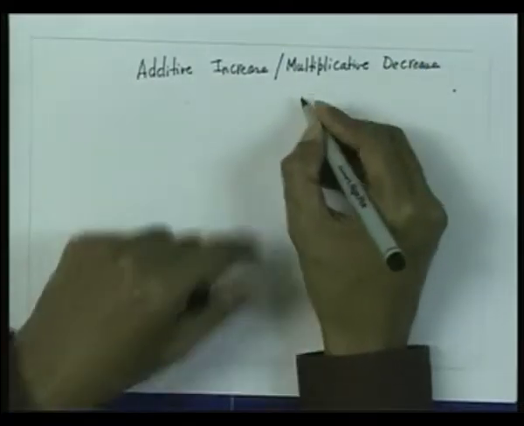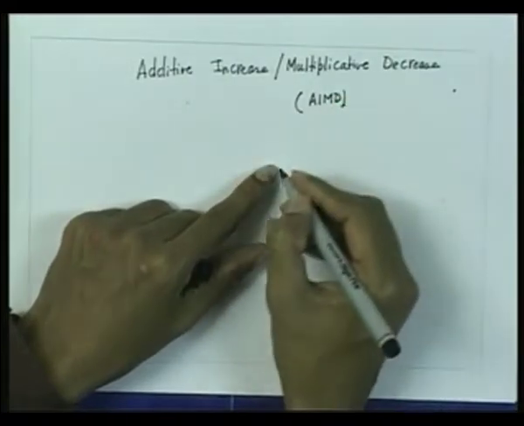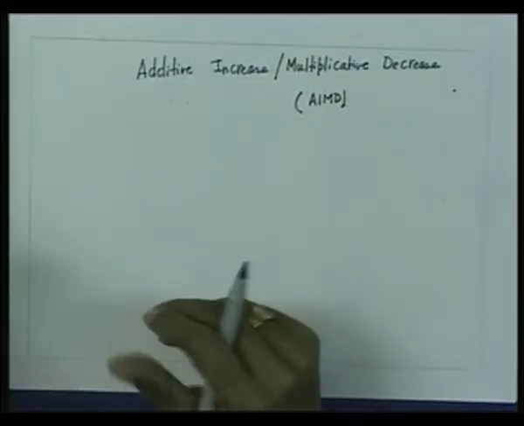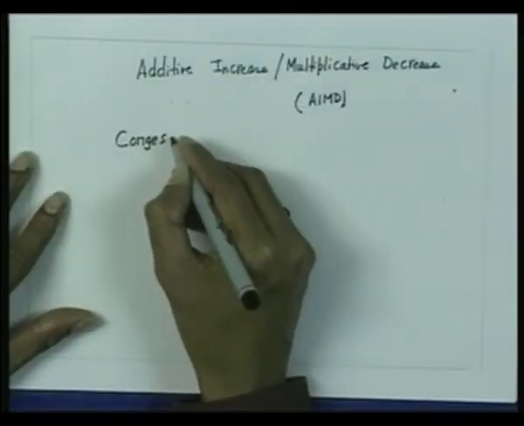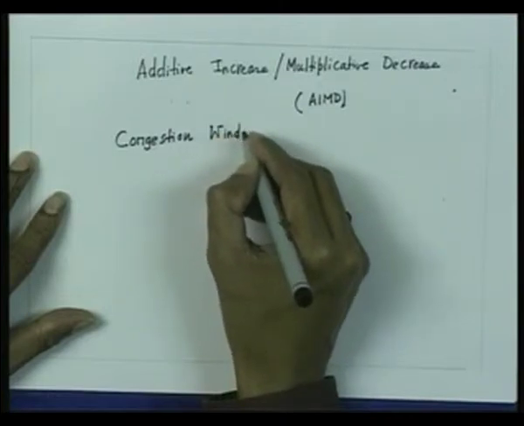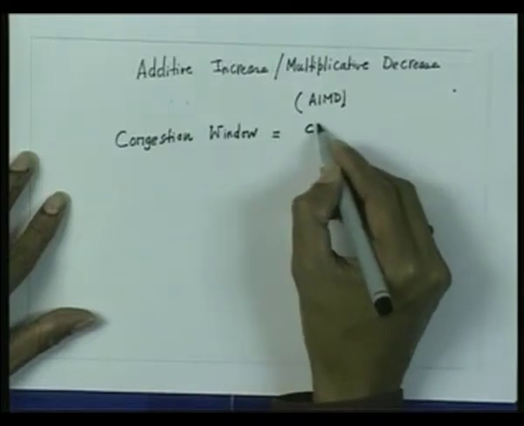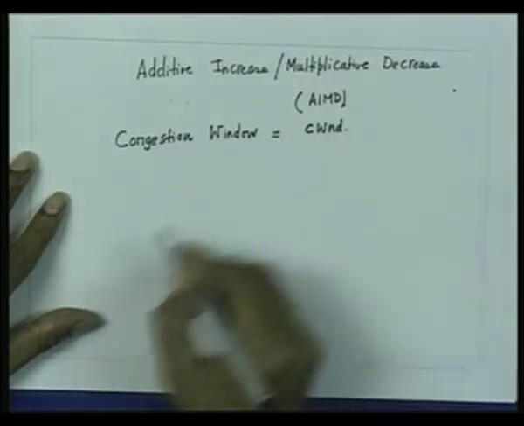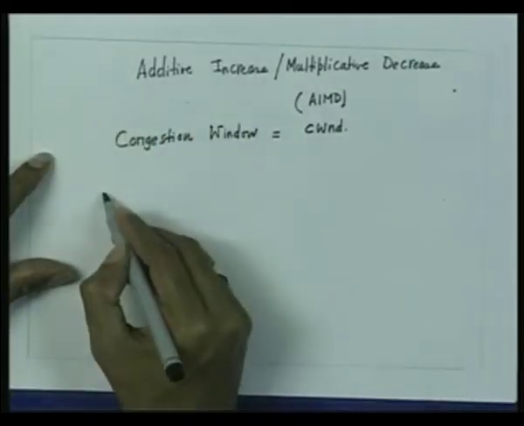It's also called AIMD. Now we define a certain variable which we call the congestion window size. Let us say that the size of the congestion window is defined to be a variable which is CWND.